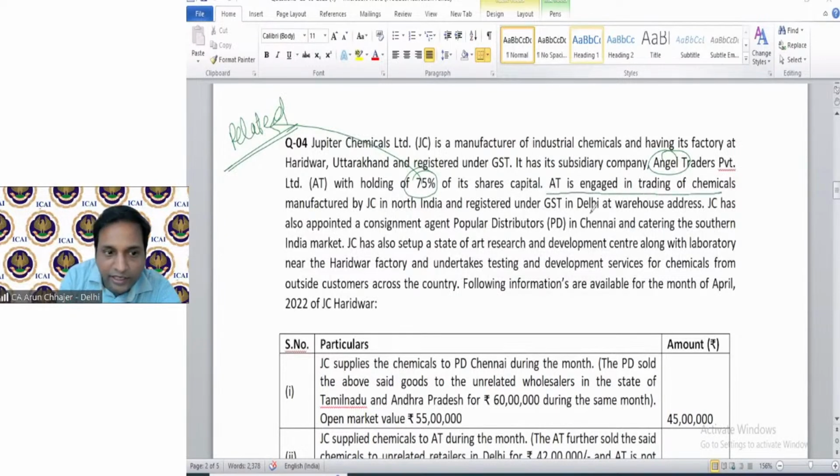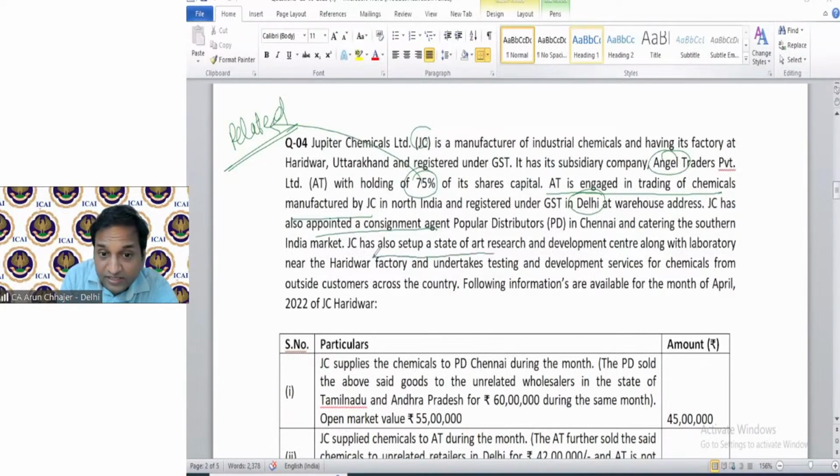AT is engaged in the trading of the chemical manufactured by JC, and is registered in Delhi. JC also appointed a consignment agent, popular distributor in Chennai, catering to the Southern India market.